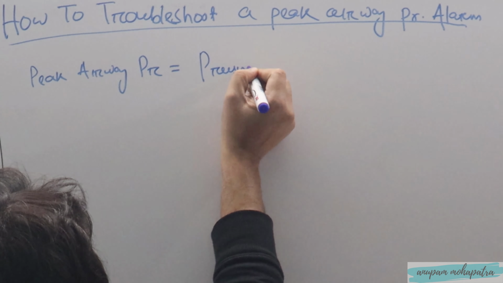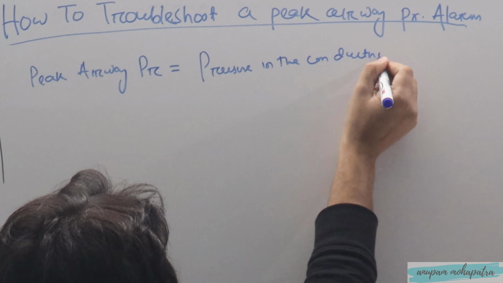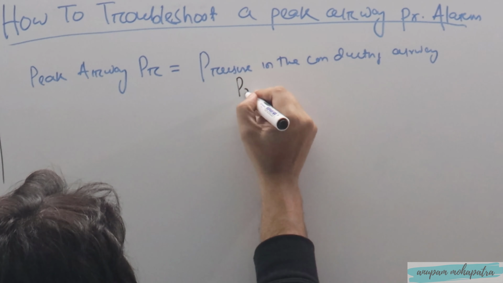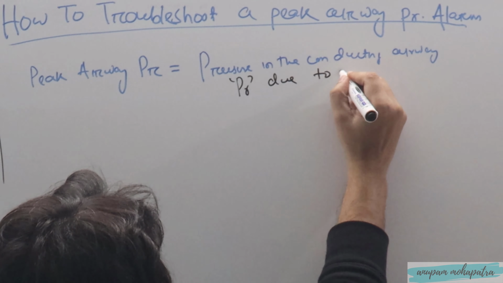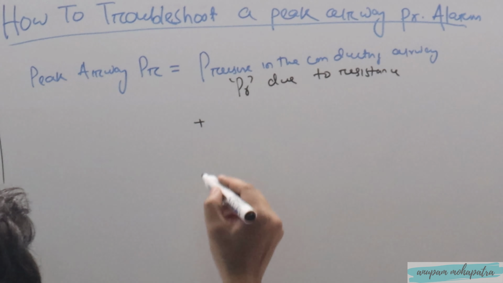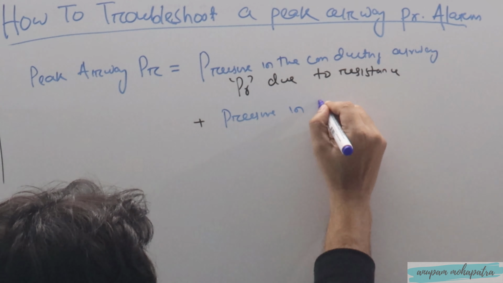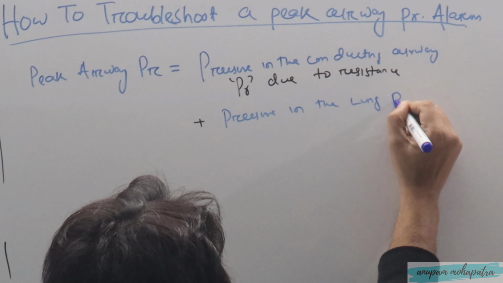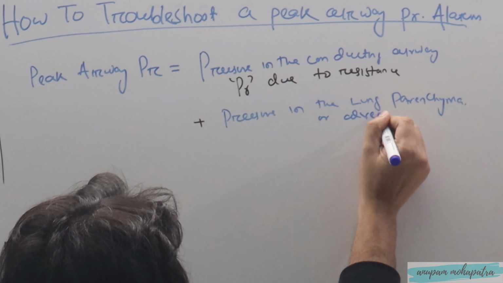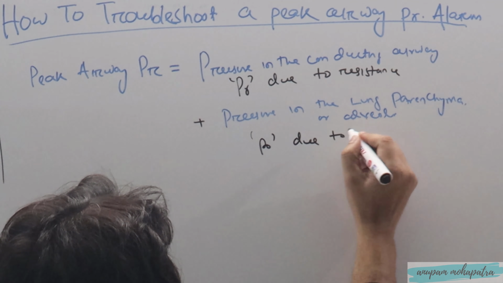Pressure in the conducting airway, or it can be called pressure due to resistance, plus pressure in the lung parenchyma or alveoli, or it can be called pressure due to compliance.